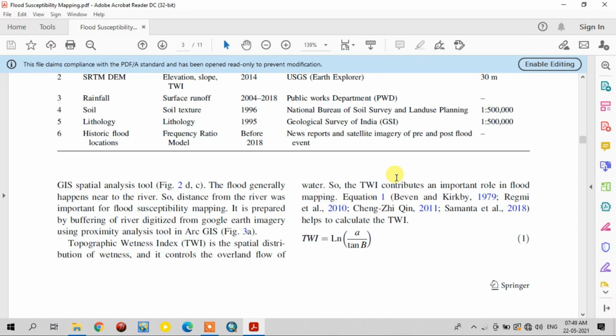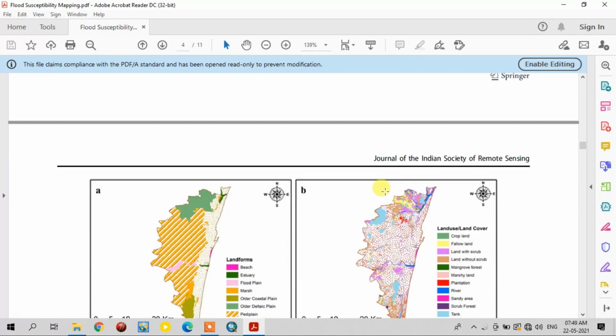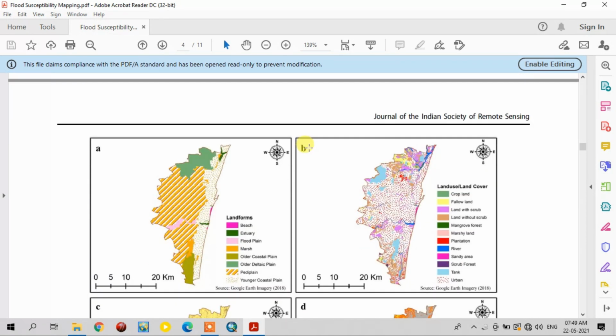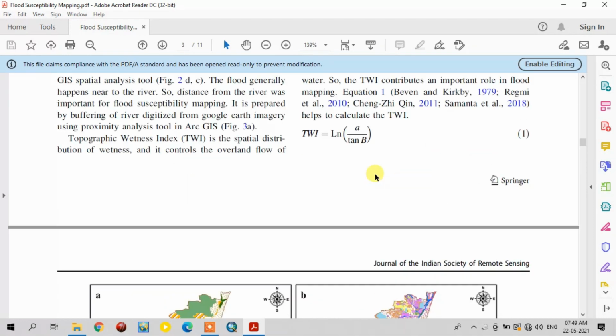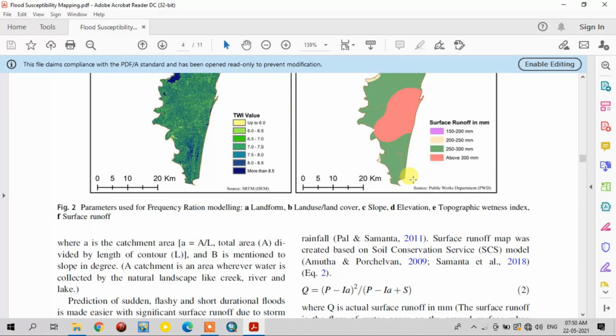Okay, first I am going to show you what parameters I have taken for this study. For this study I have taken 10 parameters. I will show you.